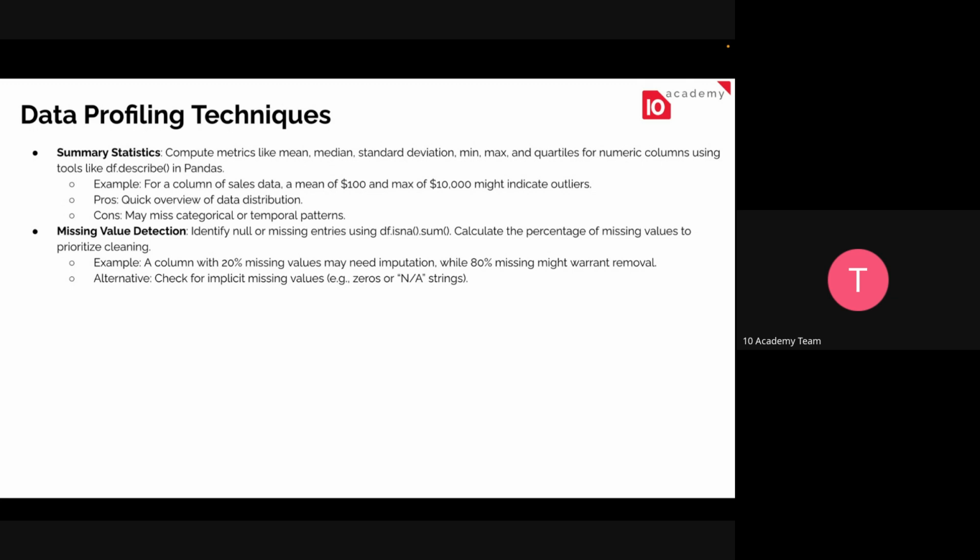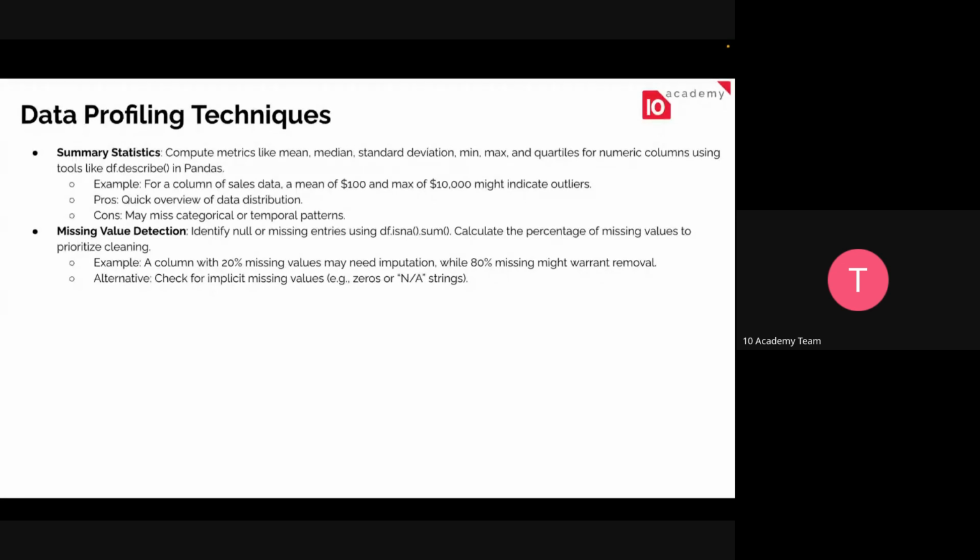One thing I want to emphasize is that identifying errors in a data set and coming up with a strategy to clean them are two very different things.